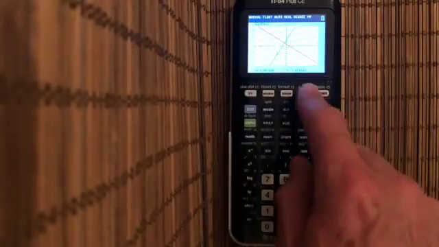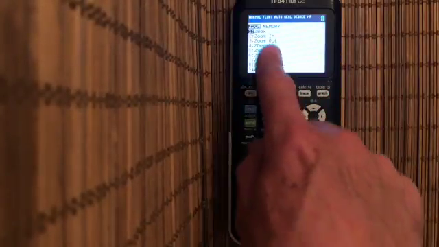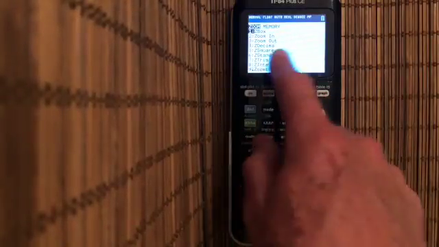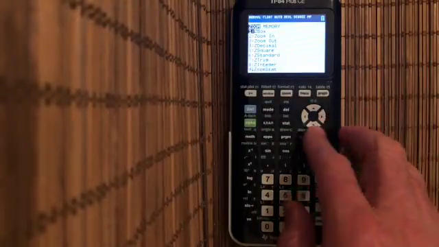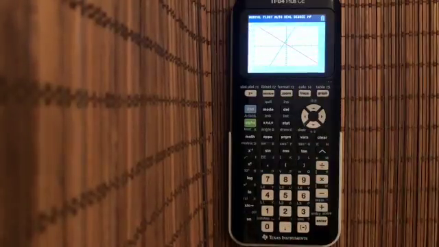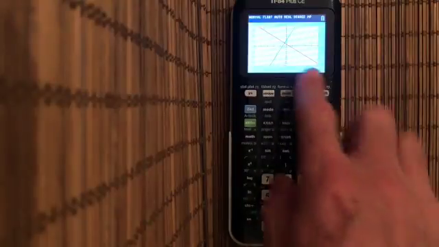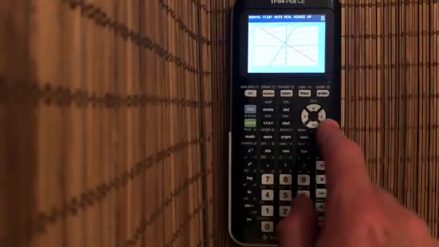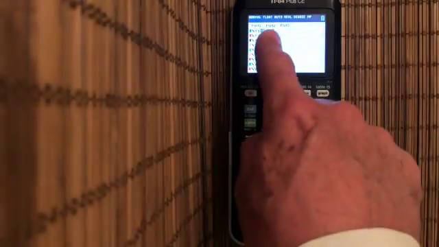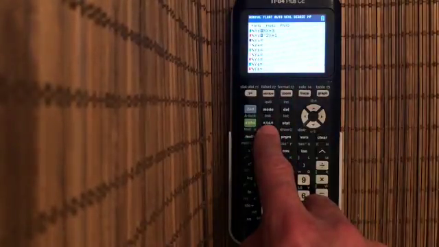But this will basically show you how to graph. You can zoom in, you can zoom out. There's a lot of other things you can do with this TI-83 or TI-84, but again, just the basic graphing functionality. Enter the equations here in terms of x. You want to use this key for the x.